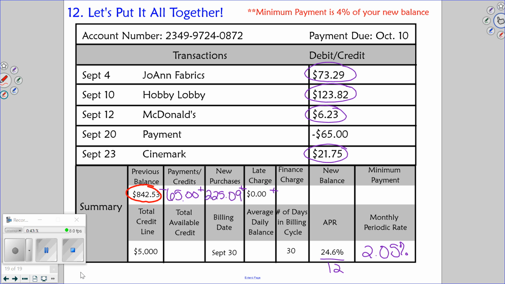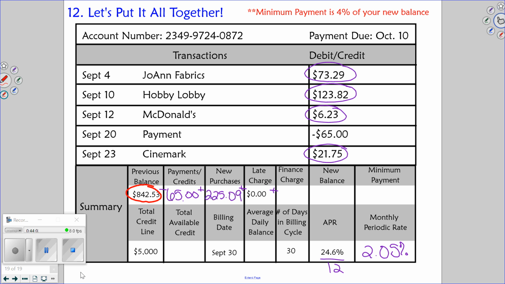September 4th, right? The first charge I made was on September 4th. So my previous balance sat here until September 4th. September 1st, September 2nd, September 3rd, and then what happened on the 4th? It changed. So how many days did it sit at this balance?